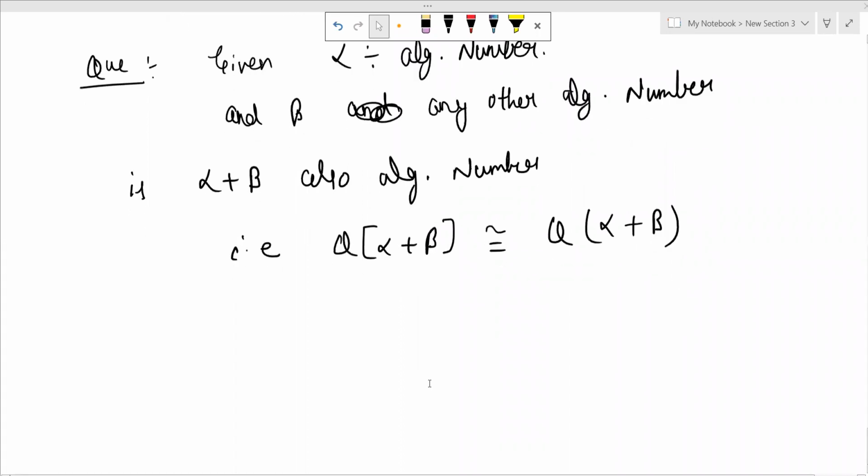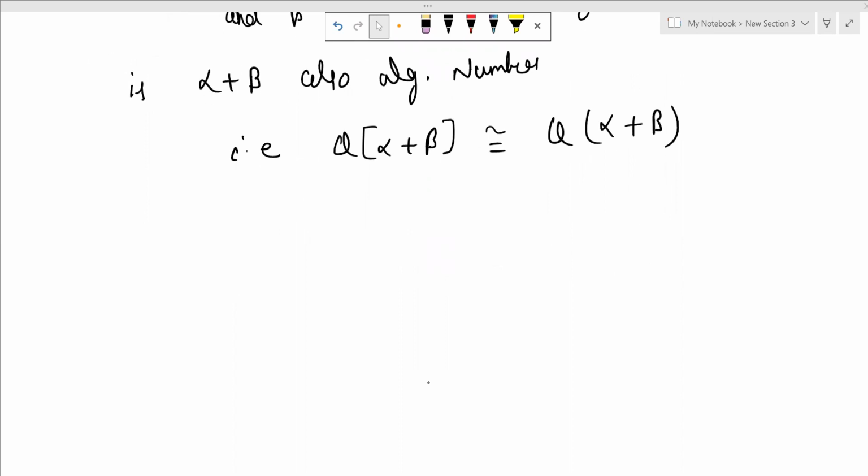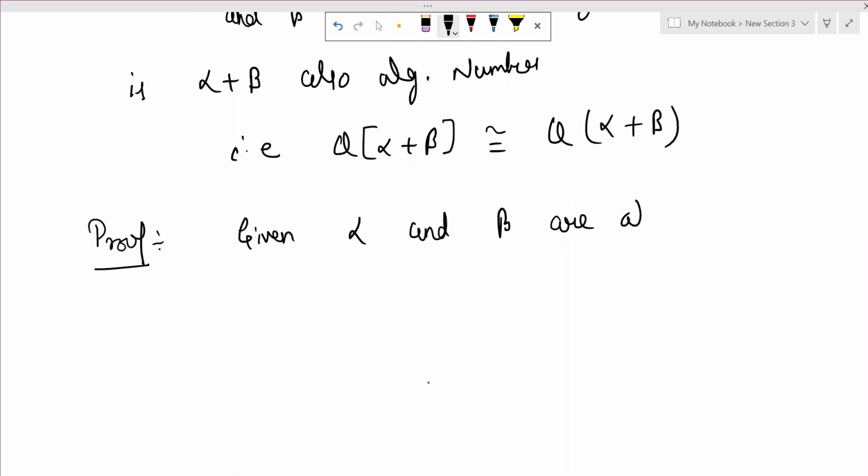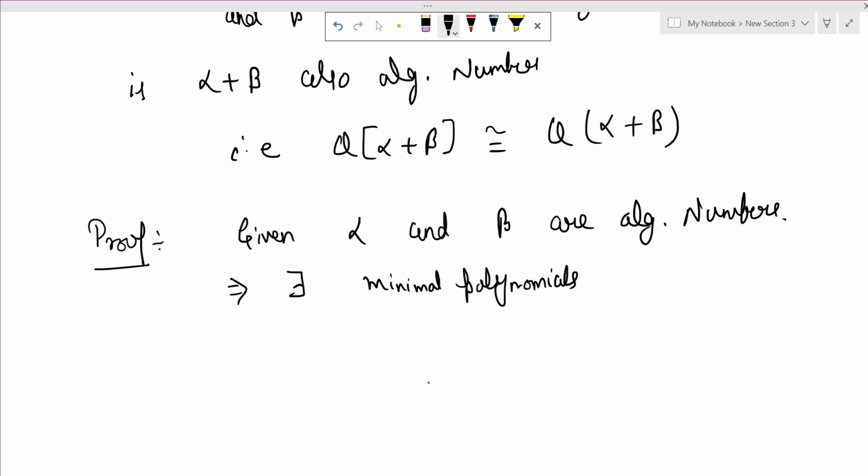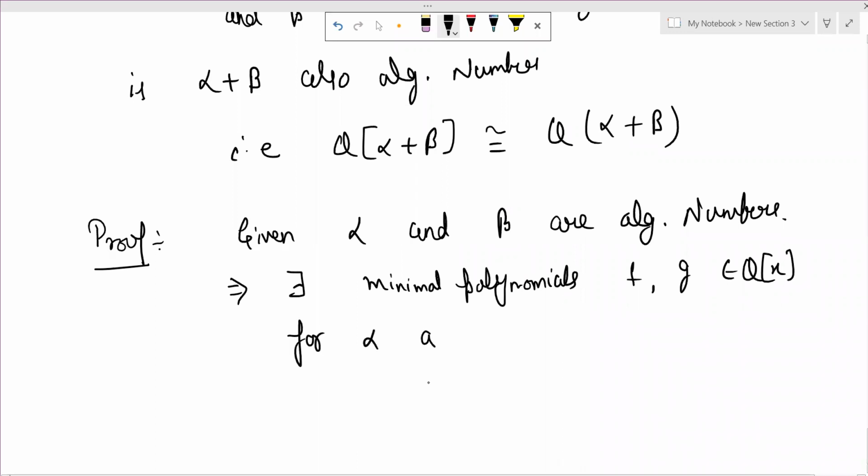Okay, let me tell you something. Proof. Given alpha and beta are algebraic numbers, this implies there exist minimal polynomials f, g belonging to Q[x] for alpha and beta respectively.